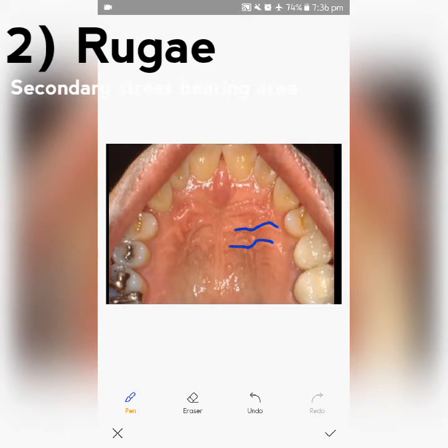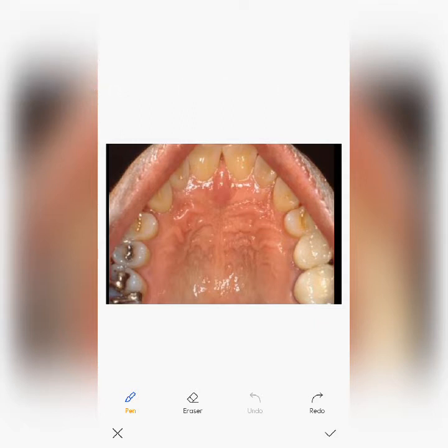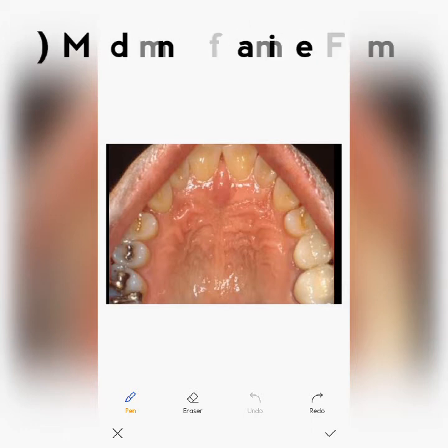These must be recorded without pressure, because if we put too much pressure on it, we won't be able to record the exact shapes of these. We need exact shapes because we need some sort of retention to grasp it. We need the denture to fit on it so it can resist the forward and the backward movement of the denture.